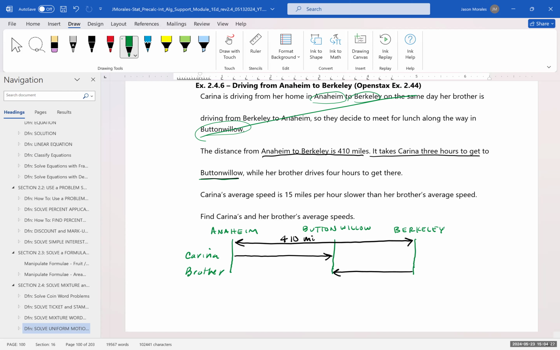All right, and Karina takes 3 hours to get to Buttonwillow. So the time for Karina is 3. And it says, while her brother drives 4 hours to get there. So the time for her brother is 4 hours.